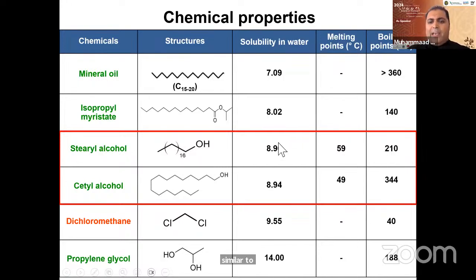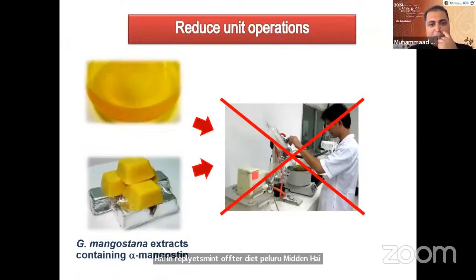So we assume that based on the solubility in water factor, we can use stearyl alcohol and cetyl alcohol in replacement of dichloromethane, which is a toxic organic solvent.